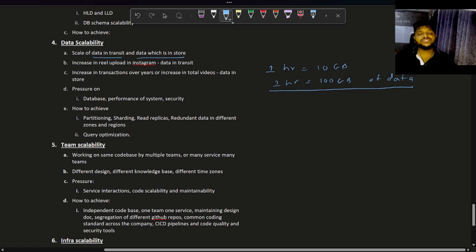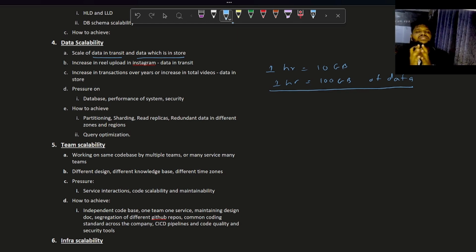What does data at rest, or data in store, mean? Let's take two examples. The first is Paytm or Razorpay. Initially, when they started having UPI transactions, they keep them in their database.